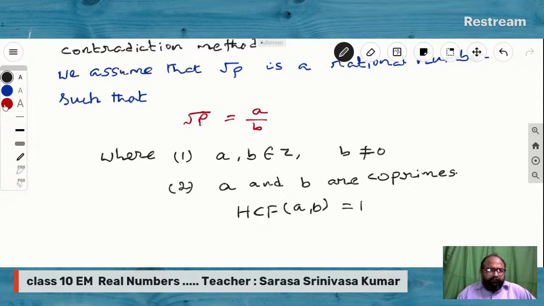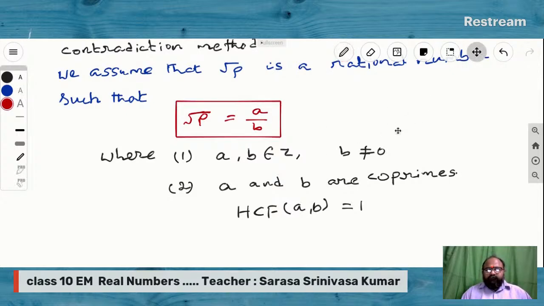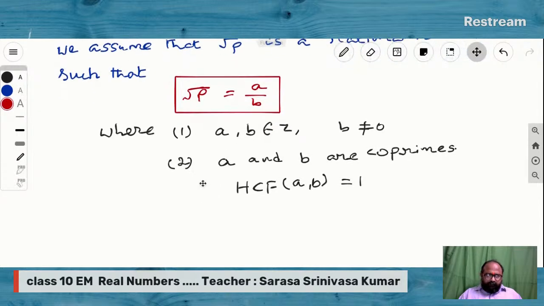So we assumed that square root of p equal to a by b, where a and b are integers, b is not equal to 0. That is the first condition. And the second condition, a and b are co-primes. That is the highest common factor of a and b equal to 1.